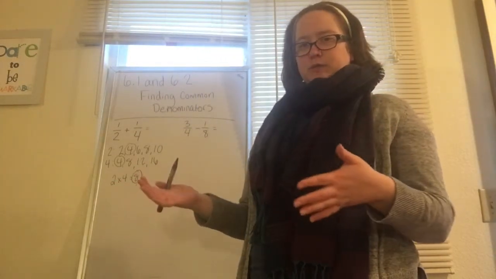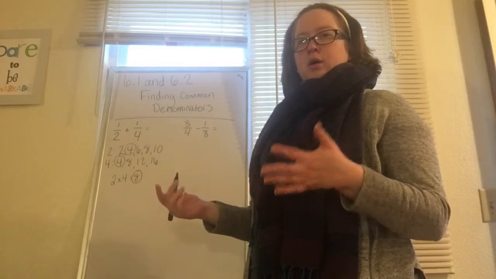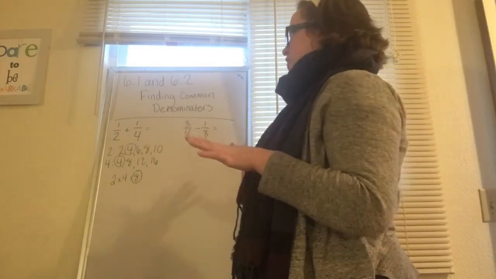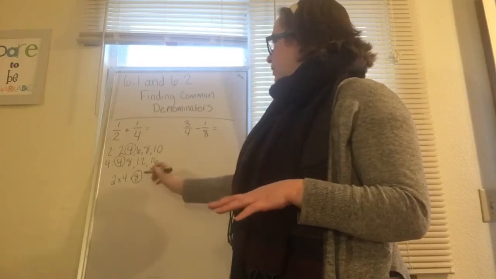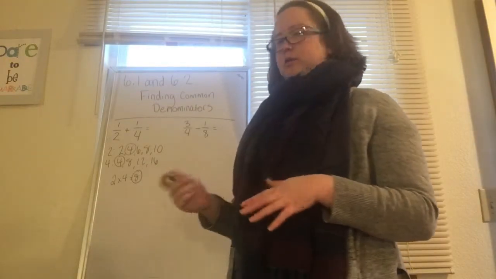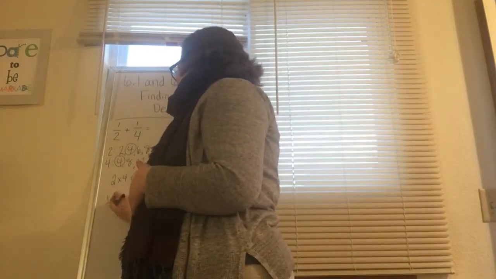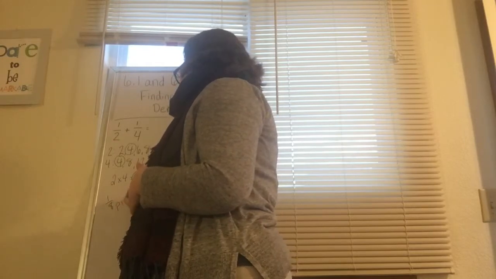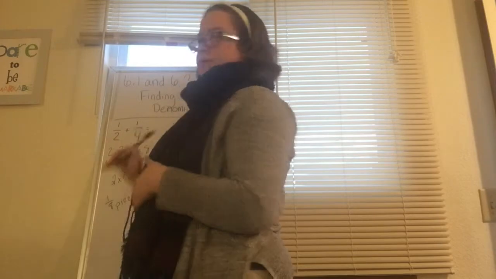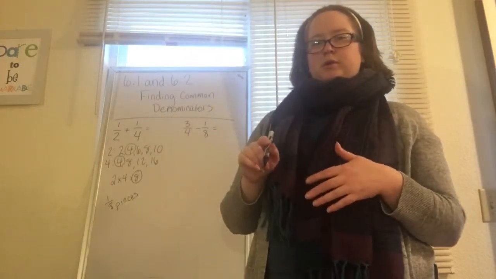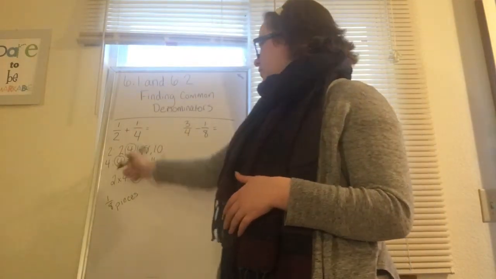Either one is fine. For today's purposes, we're going to stop right there, okay? So if we know our denominator is 8, we're going to use the 1/8 pieces to fill in for 1/2 and 1/4.